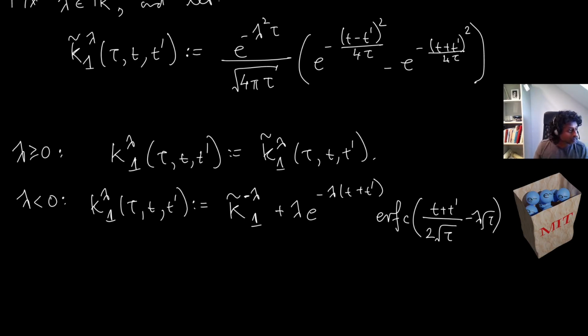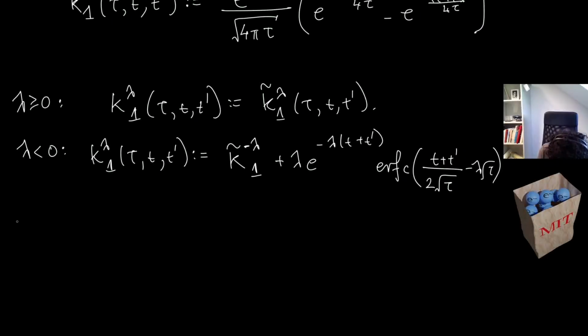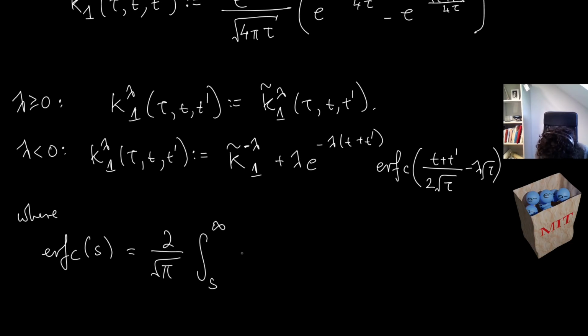Okay, so where the complementary error function, let me write s here, we haven't used s so far, is the normalized integral, the following normalized integral, from s to infinity of e to the minus psi squared d psi.